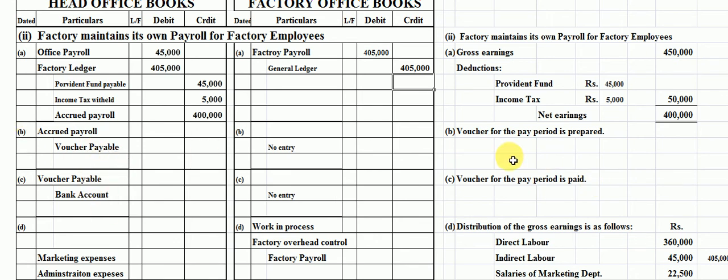Now, the second part is the voucher for the pay period is prepared. For this purpose, we have to debit the accrued payroll and credit the voucher payable. For preparing it, this is the 4 lakh rupees as accrued payroll and voucher payable.